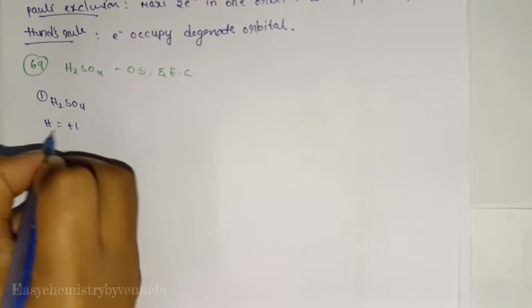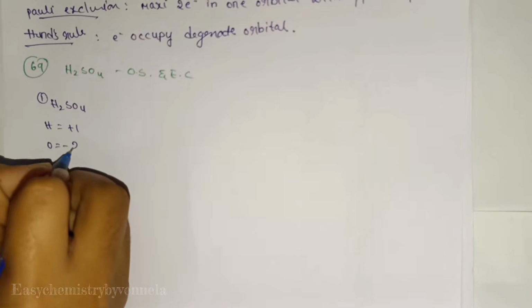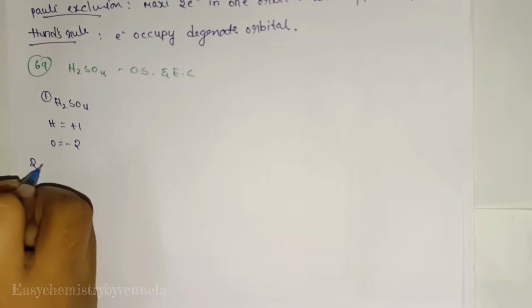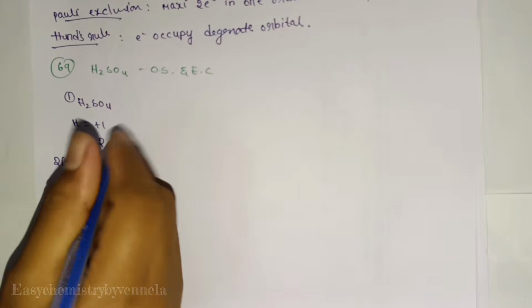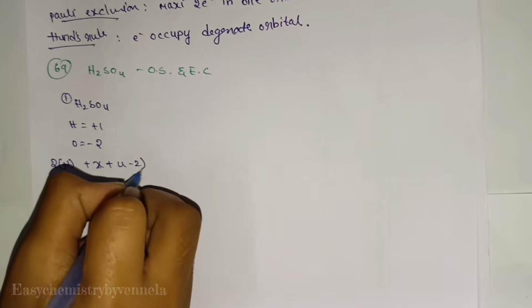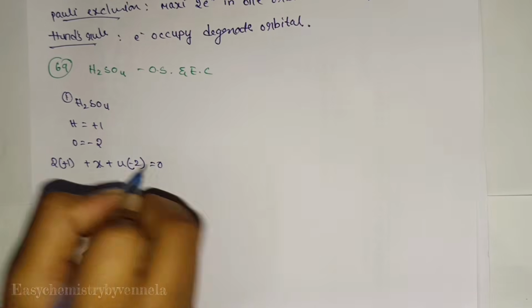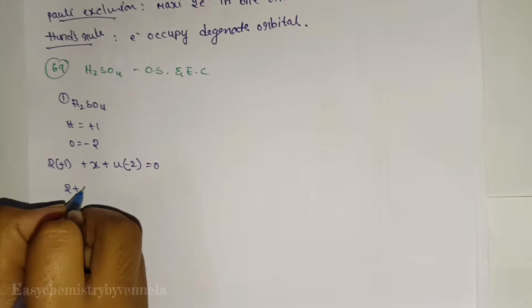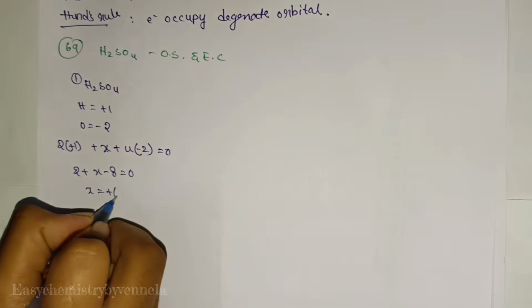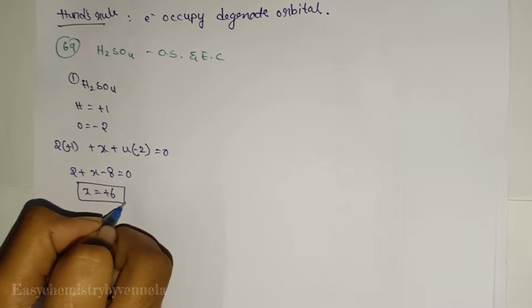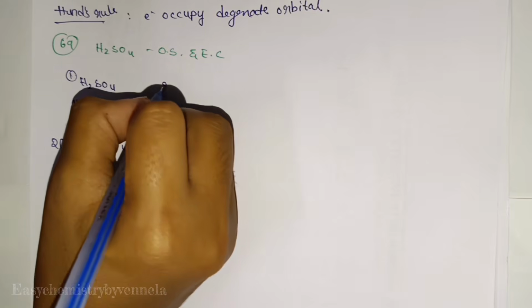In H2SO4, hydrogen is plus 1, oxygen minus 2. So 2 into plus 1, S is taken as X, plus 4 into minus 2, that is equal to 0. 2 plus X minus 8 is equal to 0. X is equal to plus 6. This is the oxidation number.